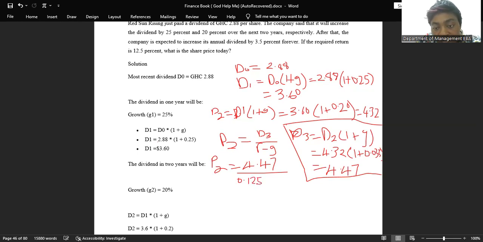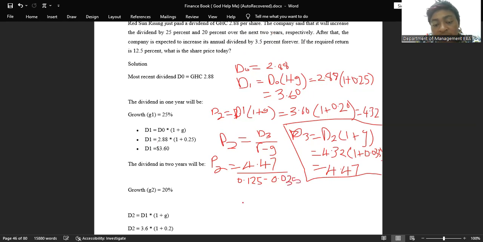Hope you understand why you got it. Then minus the forever constant growth, which is 0.035.